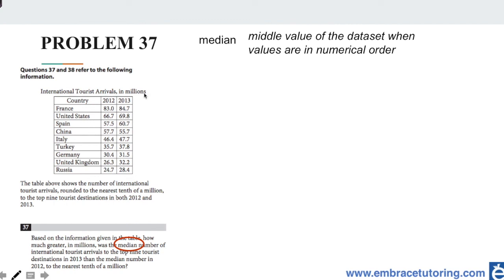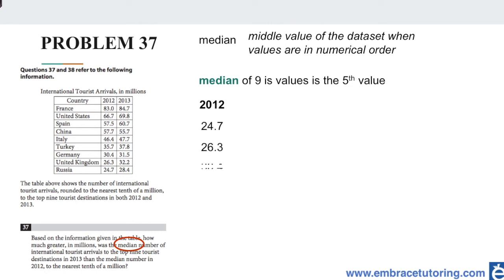So you want to quickly check, when lining up 2012 as well as 2013, the numerical values. Because you do see there are 9 tourist destinations, you want to remember the median of 9 is going to be the 5th value. For 2012, I'm going to have 24.7, 26.3, 30.4, 35.7, and 46.4.